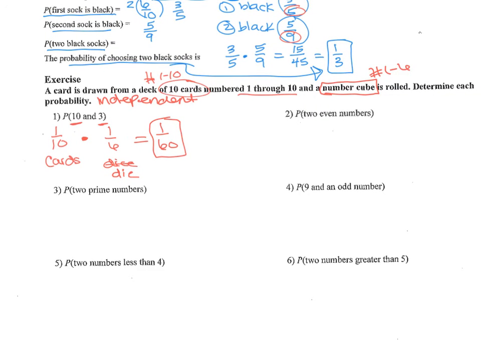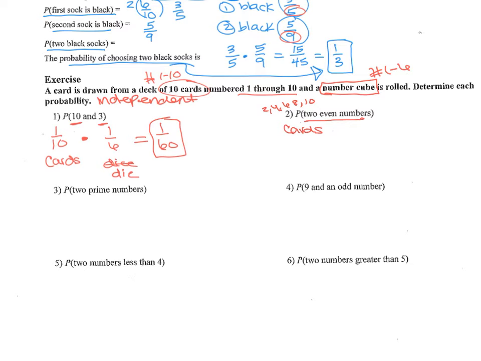Number 2, the probability of 2 even numbers. So the probability of pulling an even number card on your deck of 10. For your cards, we've got 2, 4, 6, 8, 10.